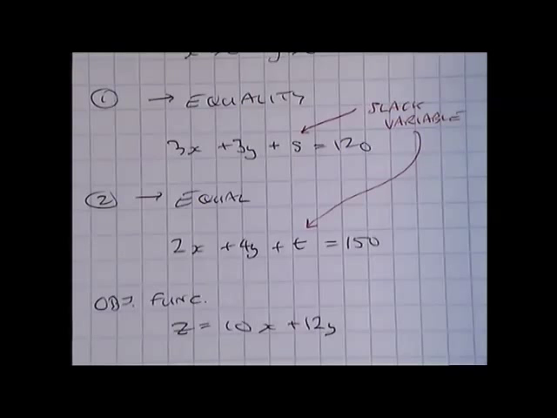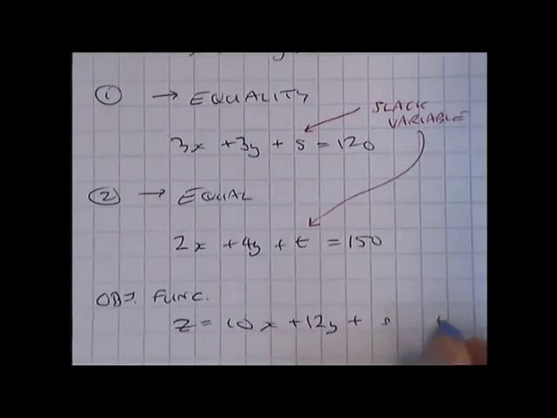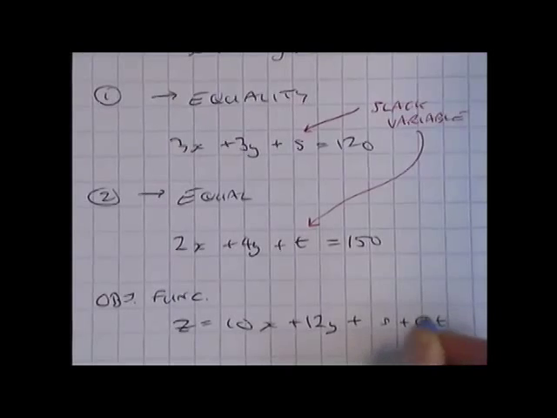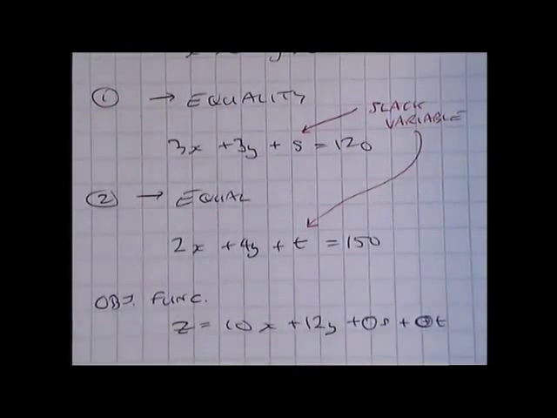So we're going to change our objective function, because it also needs to include S and T. So we put an S and we put a T in there, but we multiply them by 0. And it seems a bit silly, but that's what we do, and you'll see why in a minute.